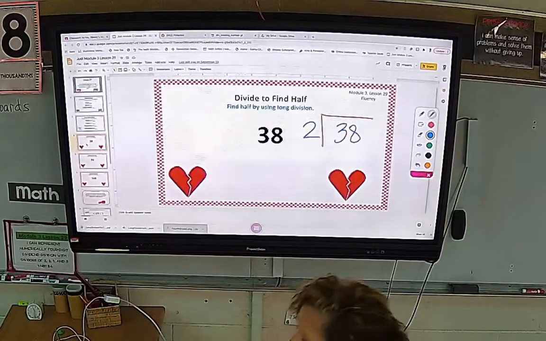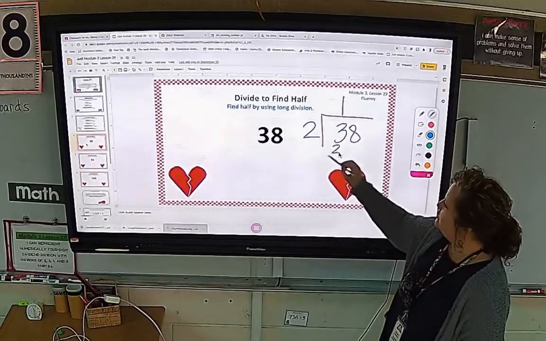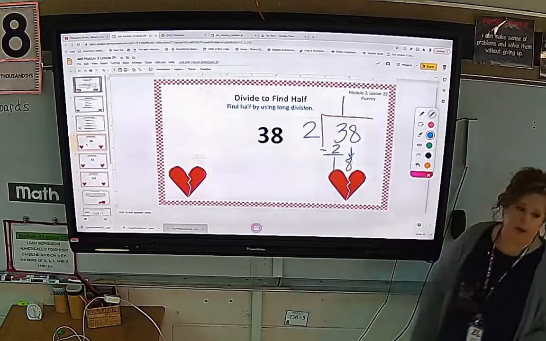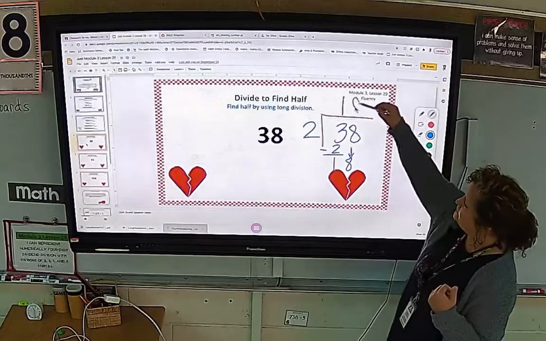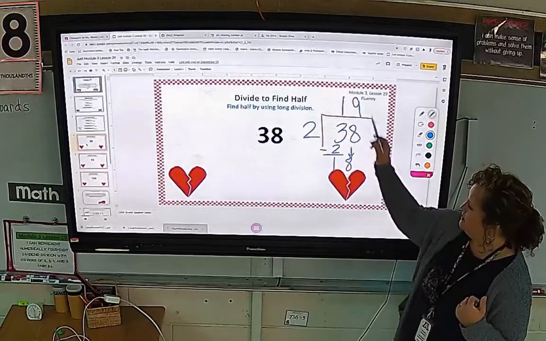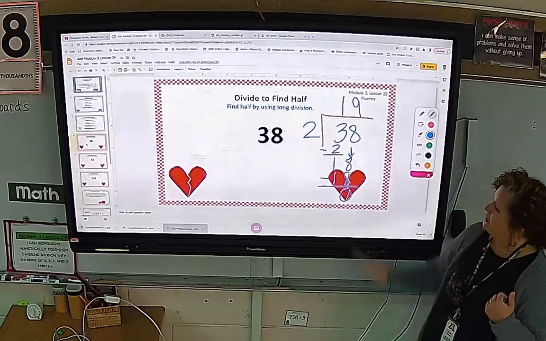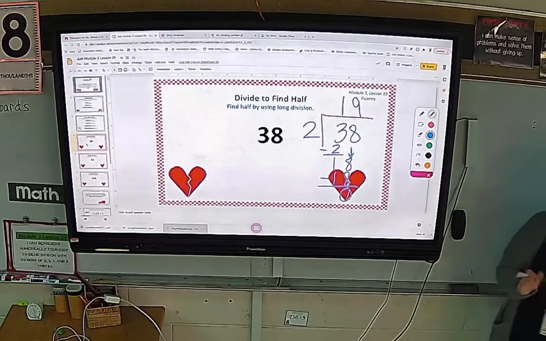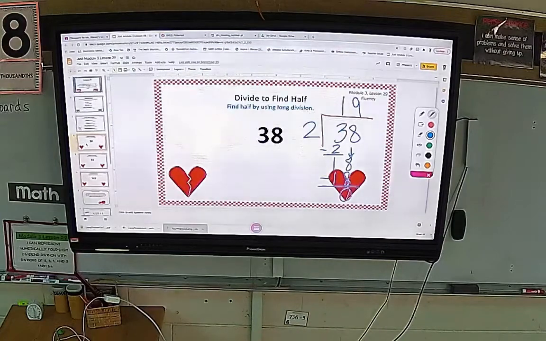Yeah. Just 1. 2 times 1 is 2. Subtract that and get 1 and bring that down. So now, how many groups of 2 can I get out of 18? Yeah. 9. Okay. 2 times 9 is 18. We subtract that and get 0. Nothing to bring down. We've got 0, so we're finished. No remainder. So half of 38 is 19. All right.